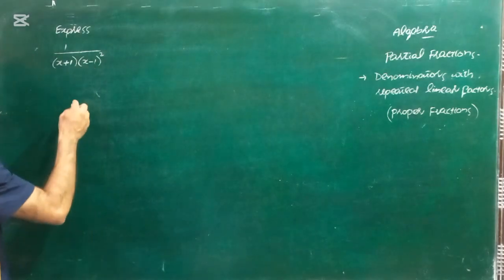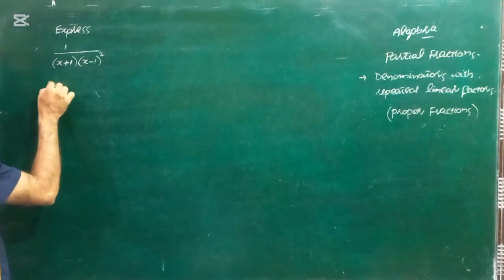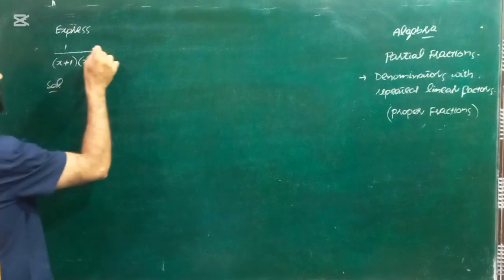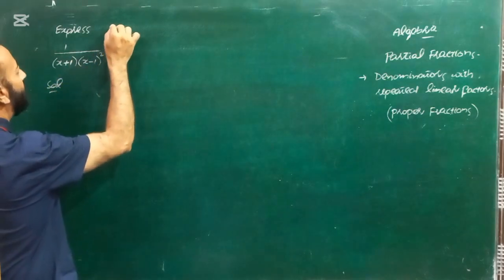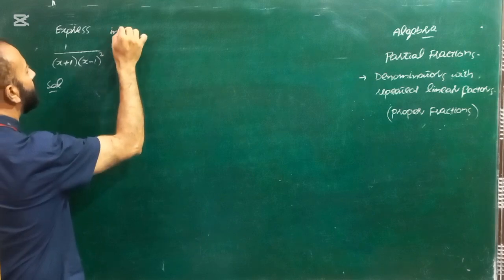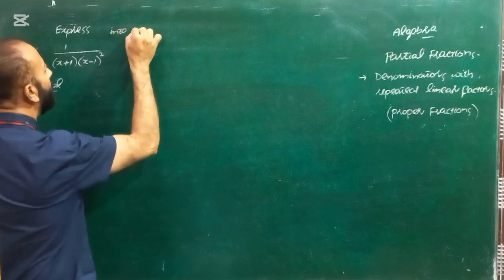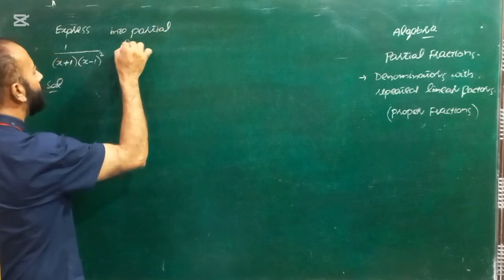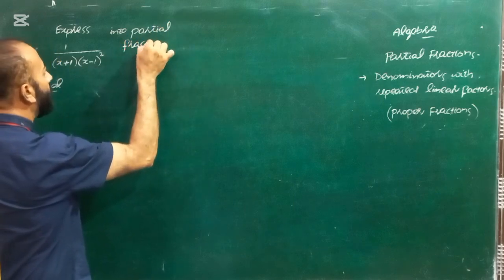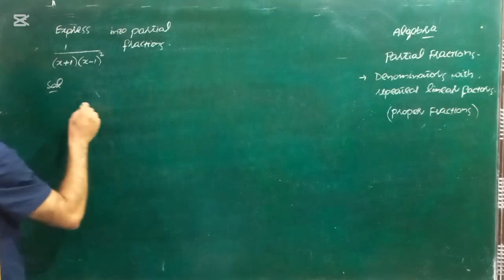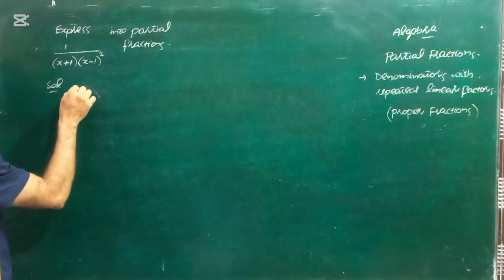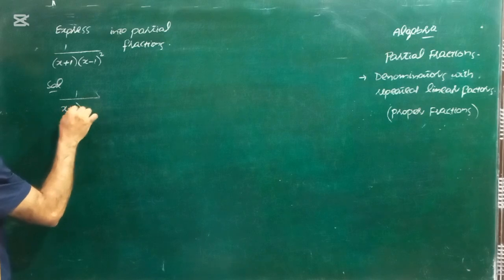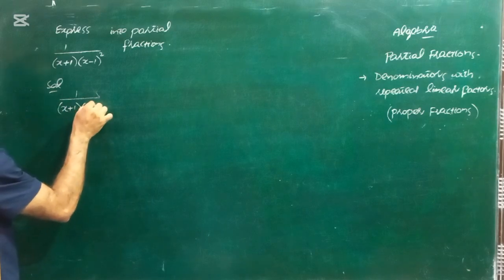So the method to express this statement into partial fractions is again the same. So this is the requirement. So the solution is here, 1 over x plus 1 into x minus 1 whole square.